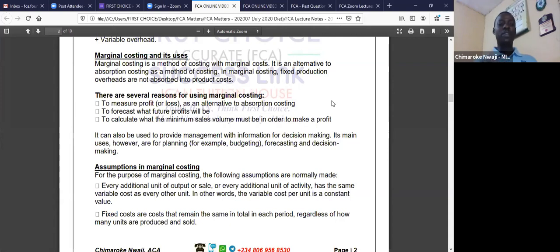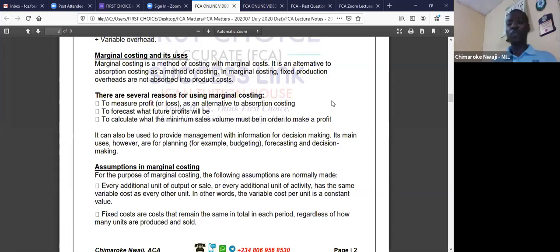Now, its main uses, however, are for planning, for example, budgeting. Yes, when you are doing your budget, you need marginal costing to help you. We also use it for forecasting, as I said before, and decision making. So these are some of the things that we use marginal costing for.